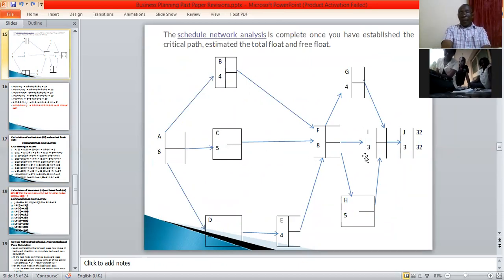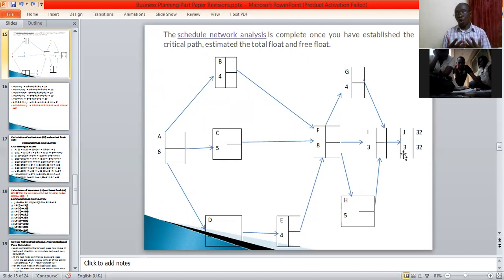Okay. If you look at this project here, the last activity is activity J. Now, in the last activity, the earliest finish is equal to the latest finish.